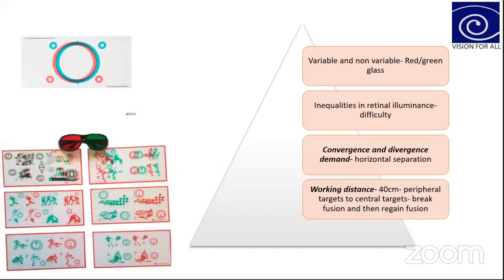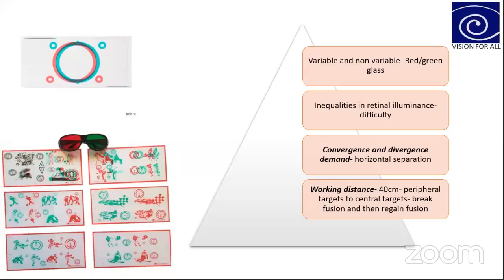In anaglyphs, you have variable and non-variable types. As I told you first, start with the vectogram and then move to the non-variable anaglyphs. Why? Because in the non-variable anaglyphs, the vergence demand does not start from zero. In variable anaglyphs, the demand starts from zero and slowly goes to 1 prism, 2 prism, and 4 prism like that.